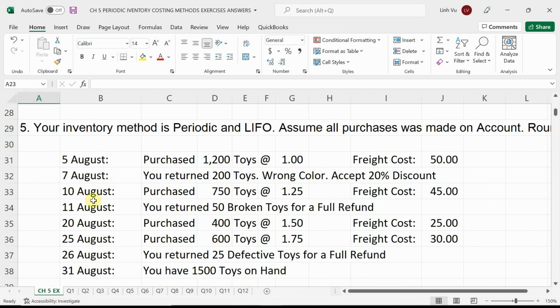Then August 10 rolls around and we end up purchasing another additional 750 toys at $1.25 with a freight of 45.